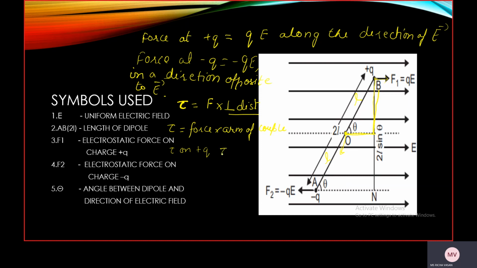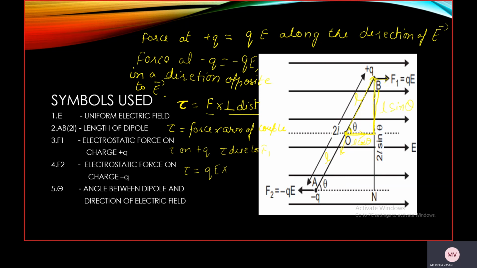So from here we will get torque on plus q, or torque due to F1, will be equal to the magnitude of the force, which is qE, into the perpendicular distance. Here this angle is theta and this part is L. If we resolve this L into two rectangular components, this side will be L cos theta and this side will be L sin theta.